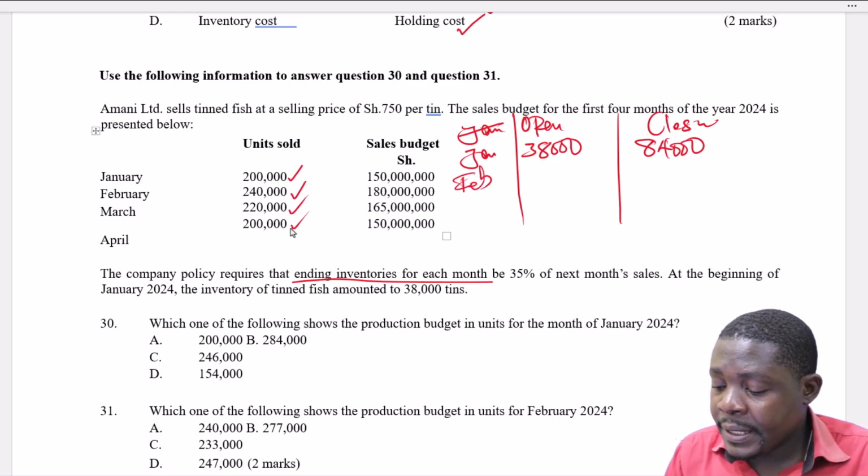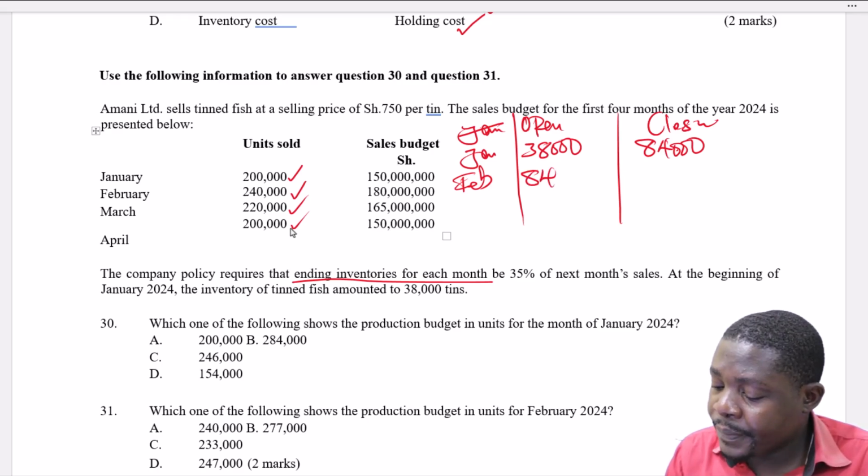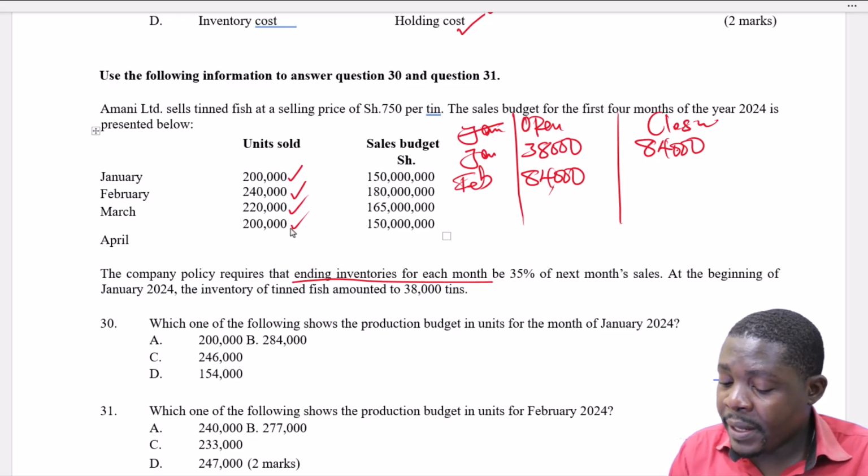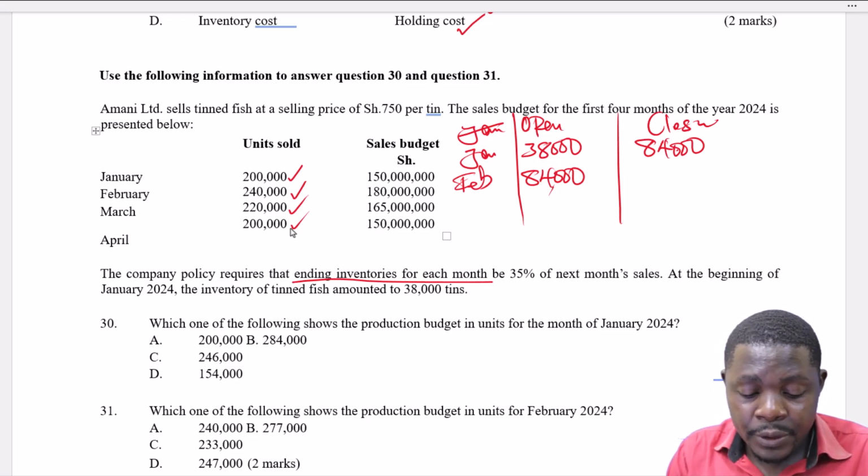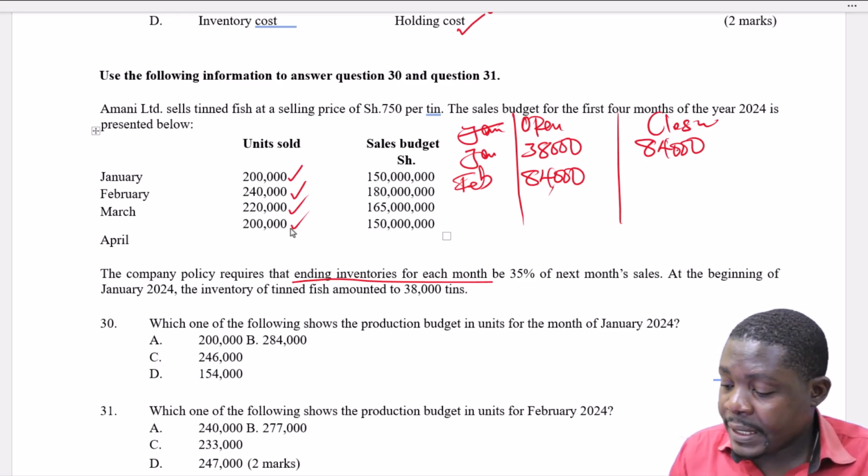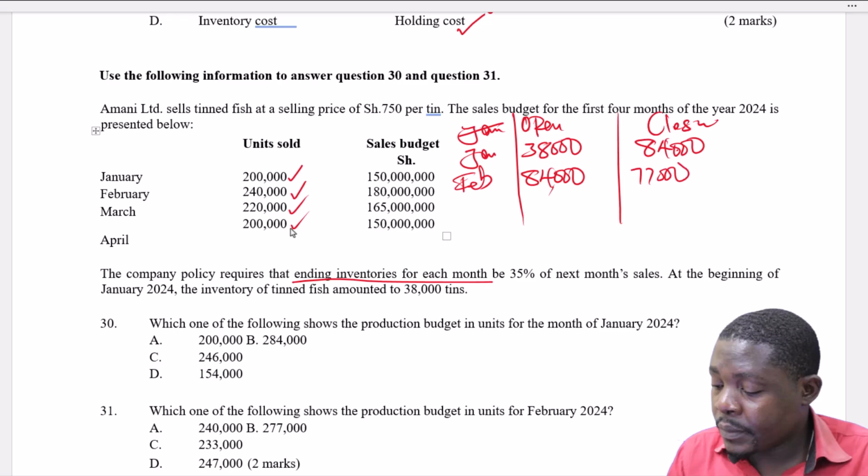We go to Feb. Since this was the closing inventory, it becomes the opening inventory for Feb. Then we can take the closing inventory for the month of March: 0.35 multiplied by 220, that is 77. Then 77 becomes the opening inventory for March.